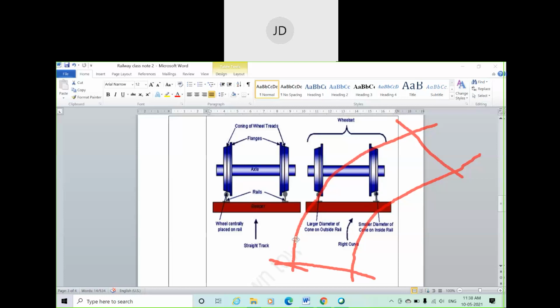That means if you consider this is a railway track, or rail, and suppose a train is moving along this track, the distance traveled by the outer wheel will be more than the inner wheel. You got this idea? Since the length traveled by the inner wheel is less. Okay, that means the length available in a curve is less in the case of the inner track compared to the outer track. The length in the outer track is more. Okay?